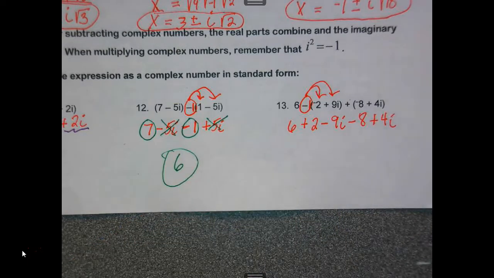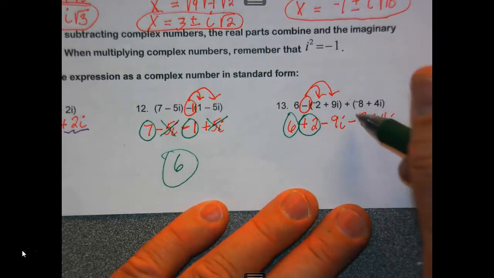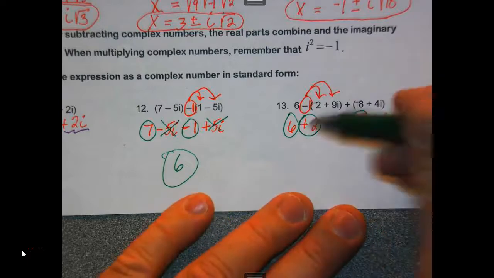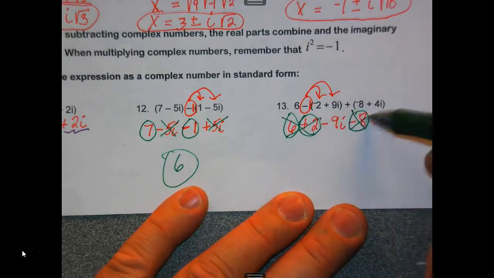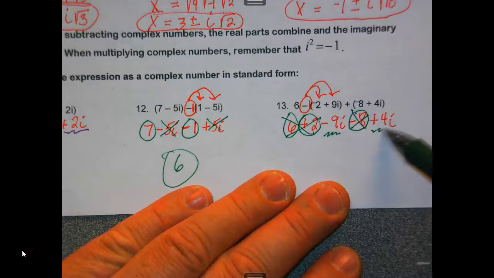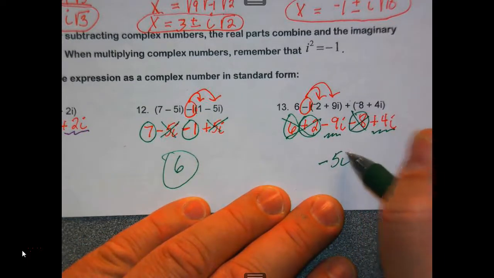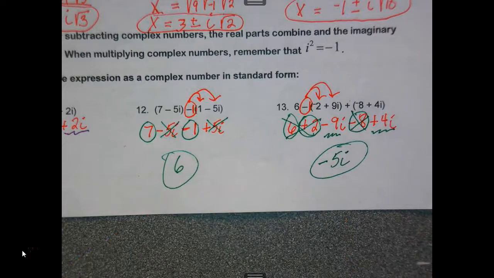Okay, let's combine our real numbers. 6, 2, -8. Hey, what happens? Then my -9i, positive 4i, so -5i. Still pretty easy, right?